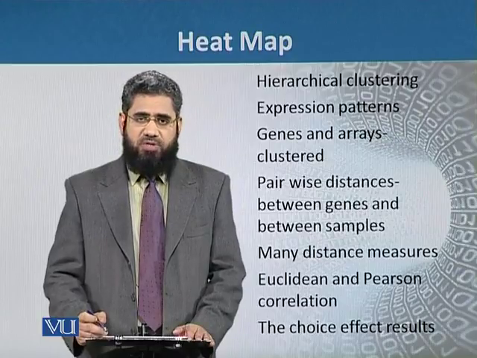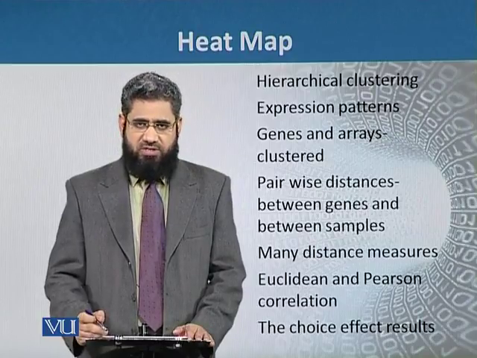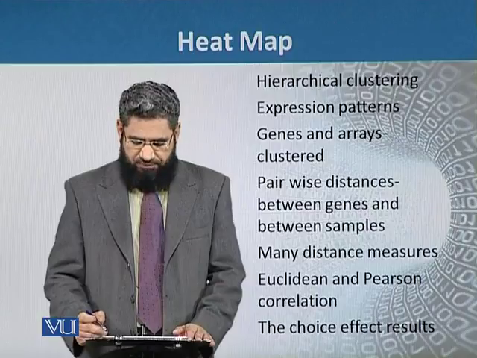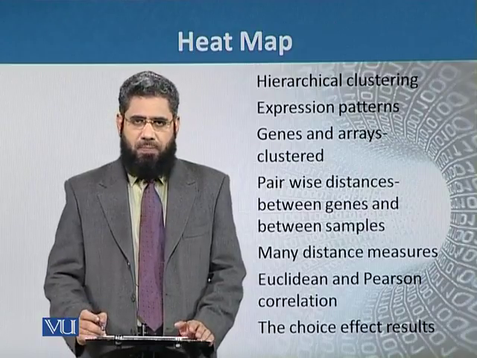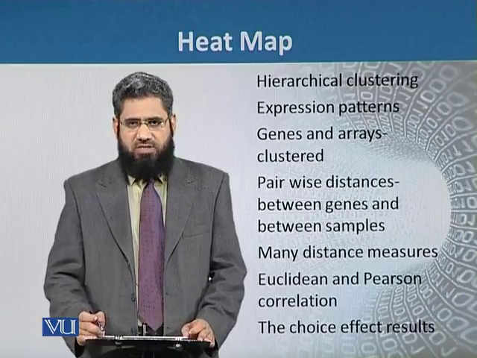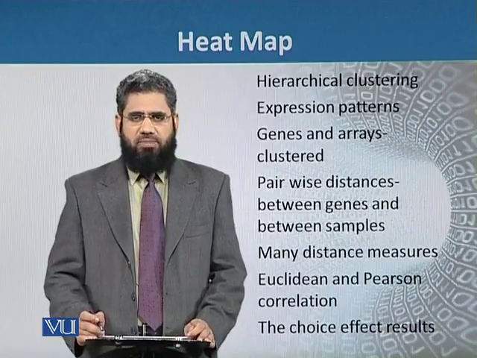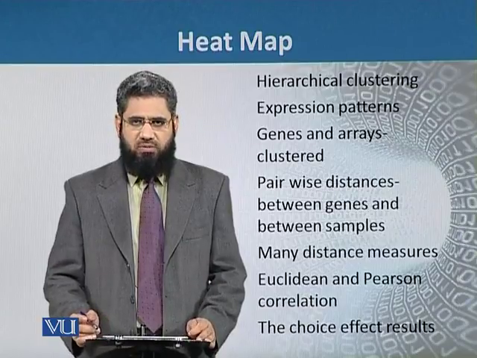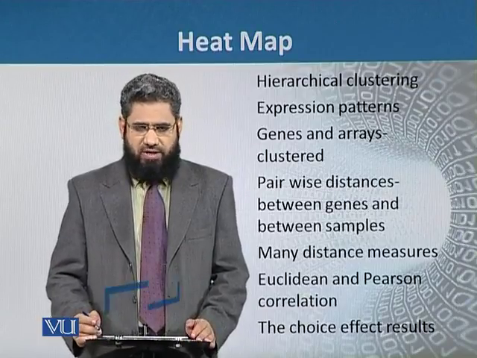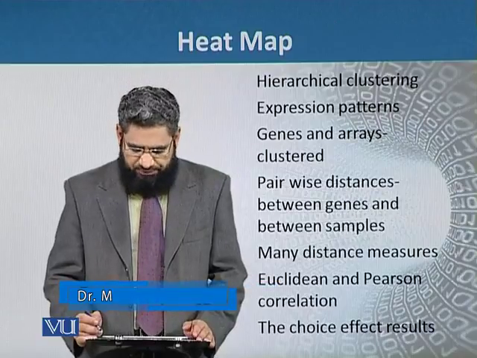For this purpose, we have to use the pairwise distances between the genes and between the arrays. To obtain these distances, we can use different methods that are available, and each method has its own drawbacks and positive points.